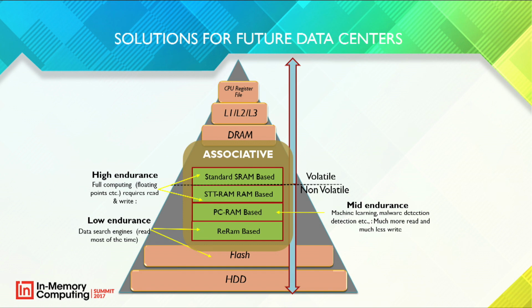But with our technology, we can read multiple addresses at the same time and get the NOR operation of the bit line. This works on any non-volatile memory. It can work on ReRAM, PCRAM, STT-RAM, any non-volatile memory. So by the end of the day, we can have billions of processors inside the storage itself.